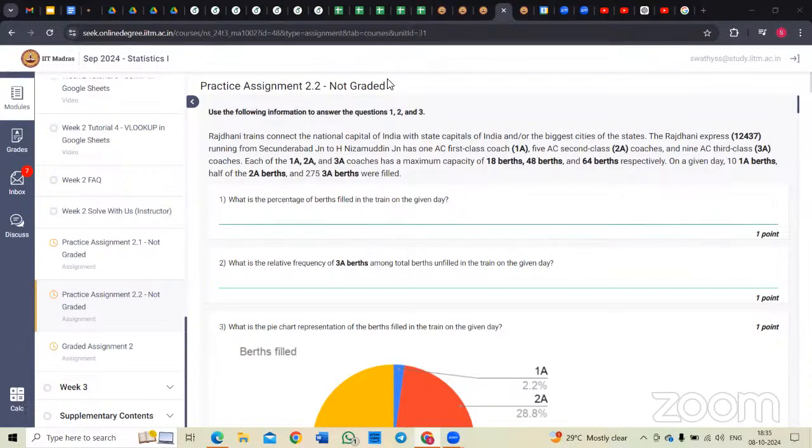That we have to calculate. You mentioned that you have to multiply, but in the case of 3A berths, I have to divide 275 by 64. Which one? The last one, 3A berths.